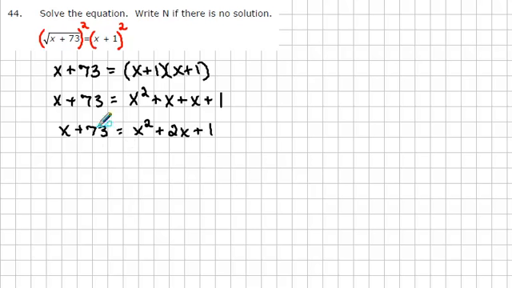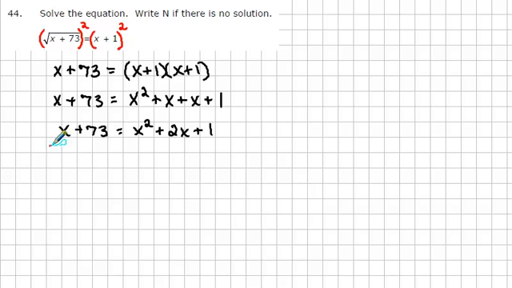Now the result of squaring both sides is that we end up with a quadratic equation. We have an x squared term, we have a couple of x terms, and we have some constant terms. So our strategy at this point is to obtain 0 on one side of the equation.